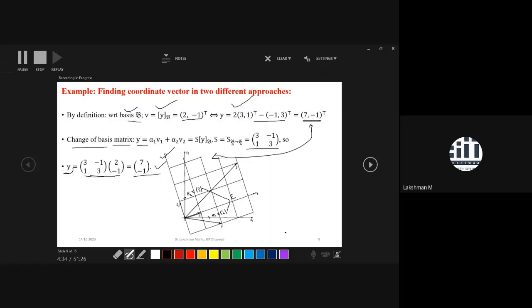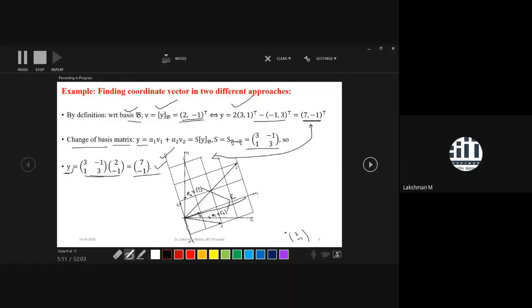You walk 2 units along v1, then -1 unit along v2, the negative direction.